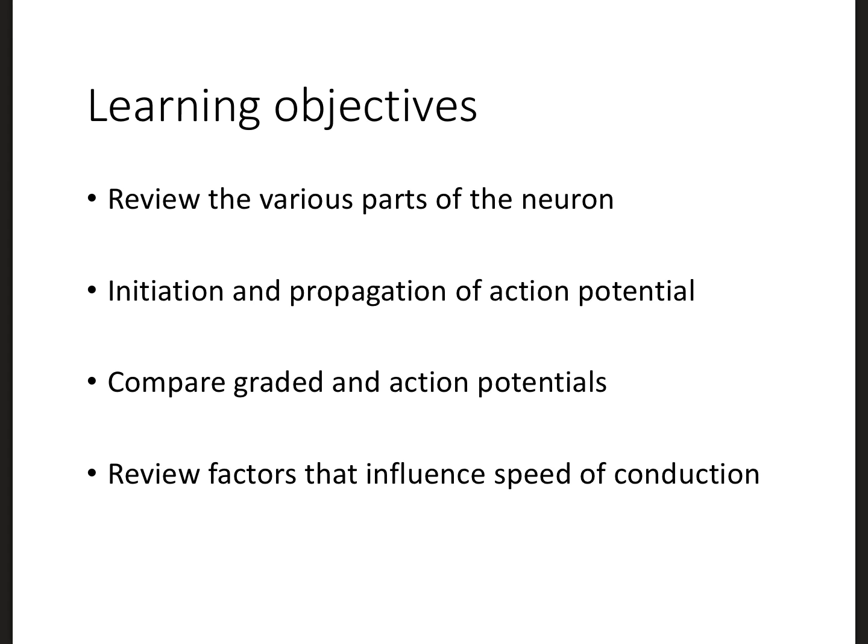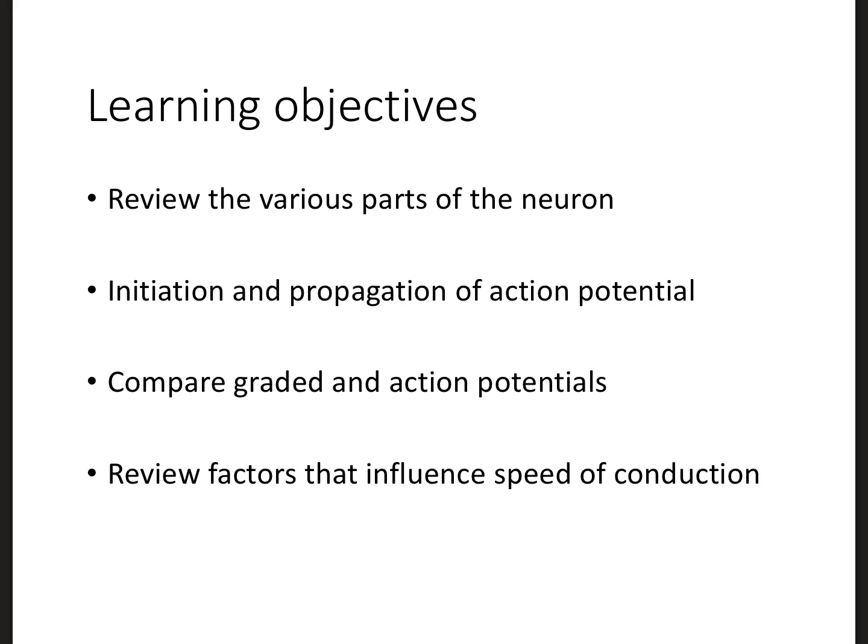I just went through the review of the different parts of the neuron: receptive segment, initial segment, conductive segment, and then the axon terminus. We're going to talk about how those segments and the channels associated with them initiate and propagate an action potential today. We'll talk about what a graded potential is versus an action potential, because there are two different ones.